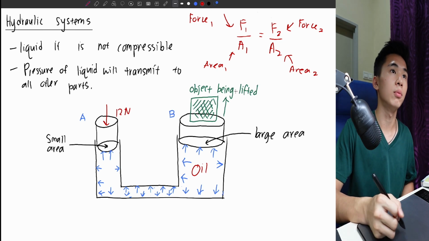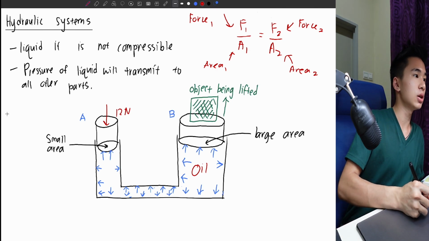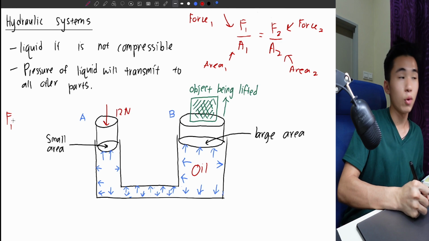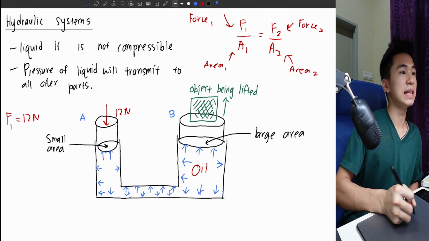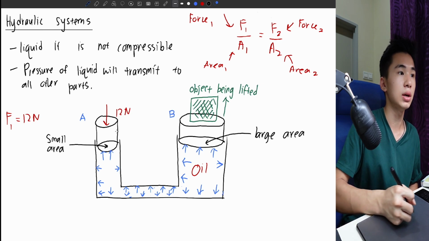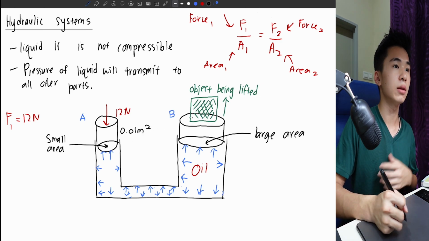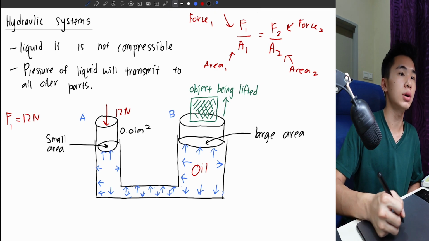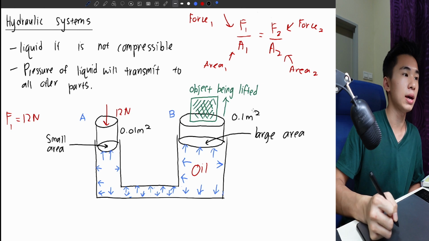Let's try the formula right here and see what we will get. So our initial force, which is F1, is going to be 12 newtons. And right here, the area of cylinder A is lesser than cylinder B, so I will just put 0.01 meters square. And this cylinder B has greater area, so I will just put 0.1 meter square.